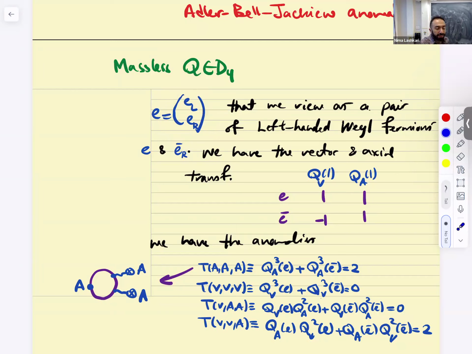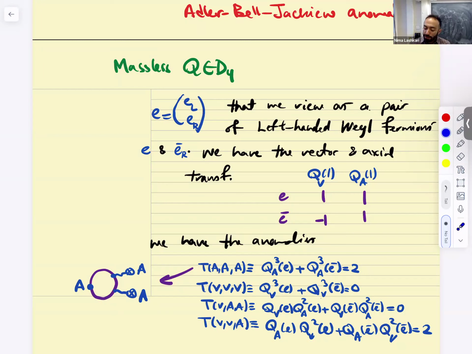If you want to make this calculation simpler, think of this as 2 left-handed modes. One of them is E left, the other one is E_R bar. So you have 2 left-handed modes, in a sense. This is part of that story of splitting everything in terms of Majoranas, right?